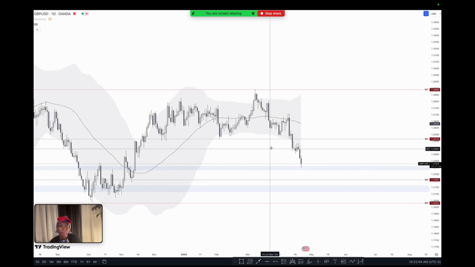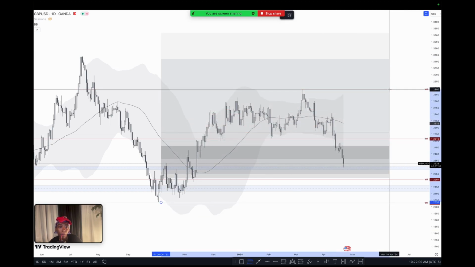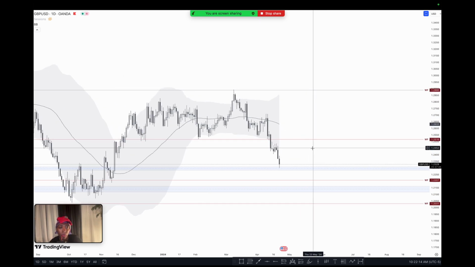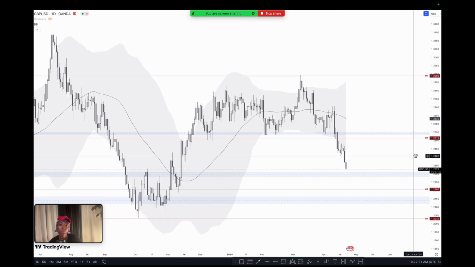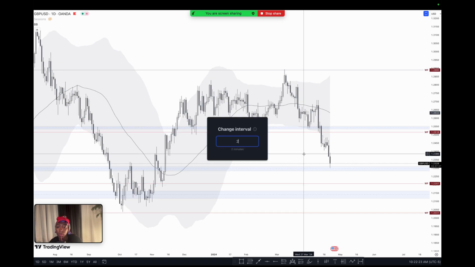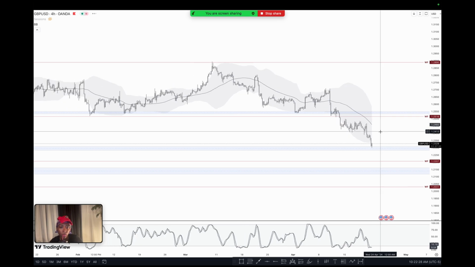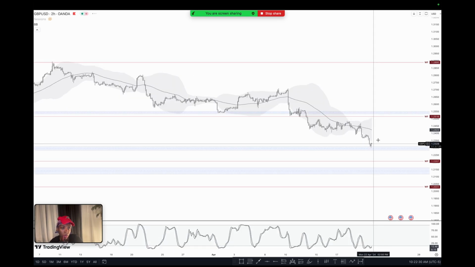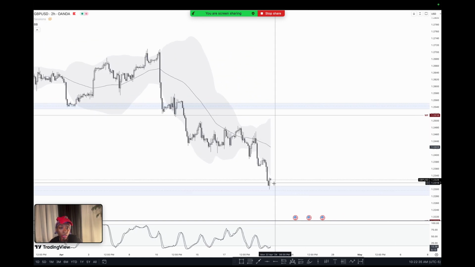No man's land. We could see a push though from this all the way to this right here.